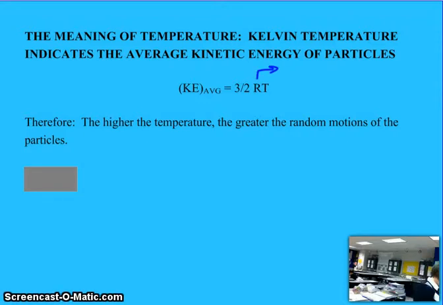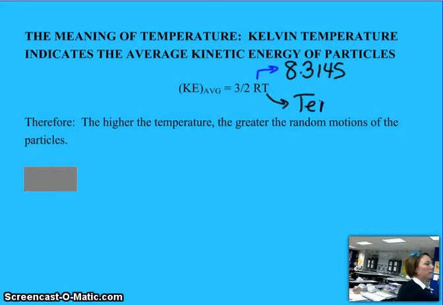The R here is 8.3145. It's still the universal gas constant, but in terms of joules, not liter atmospheres per kmol. It's the other R. You'll see it in your tables. And T, obviously, is your temp in Kelvin.